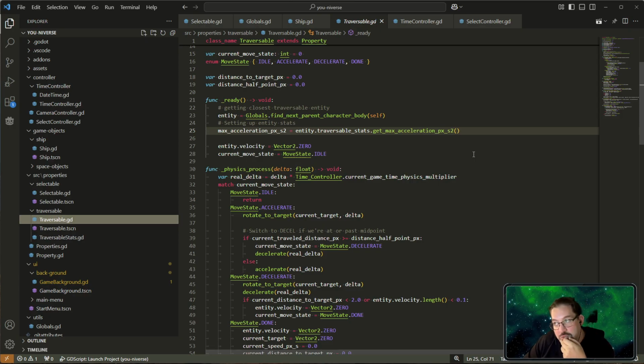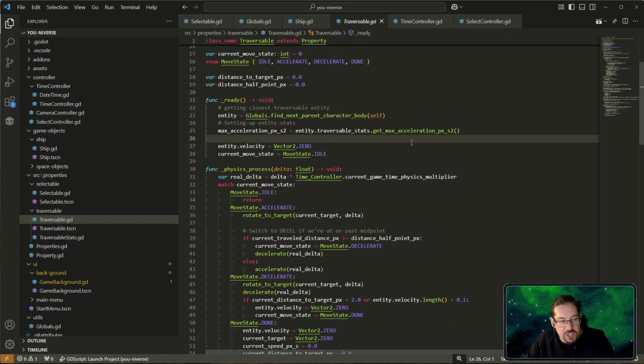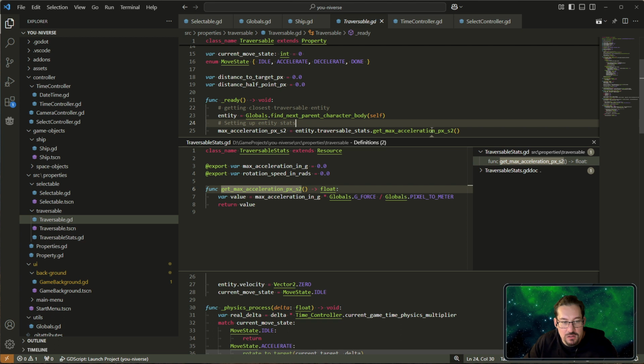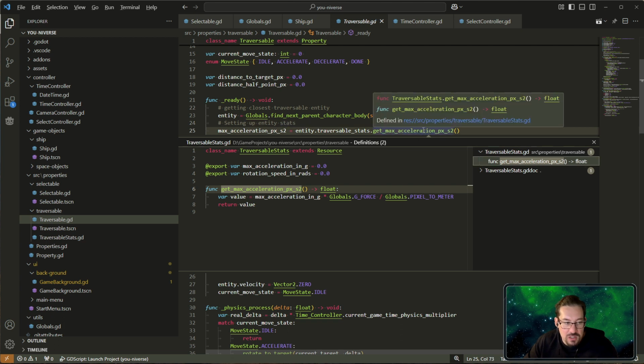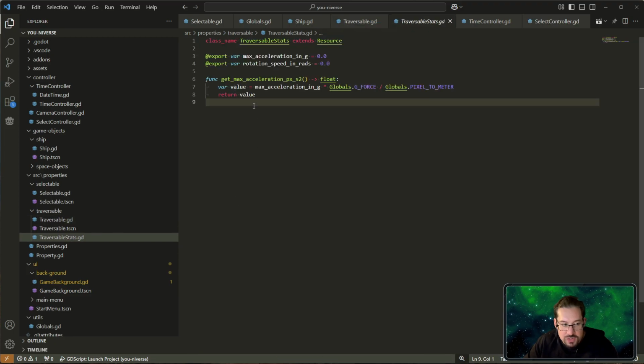No, it should be a huge amount of meters, right? So the number was too big. I'm not sure yet. But anyhow, this function here, get max acceleration in pixels per squared seconds, this value was rounded to 0. That was my problem.